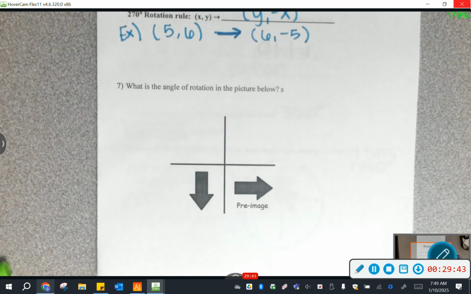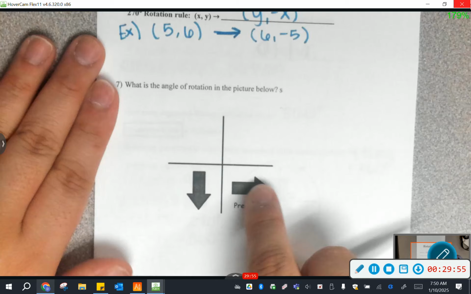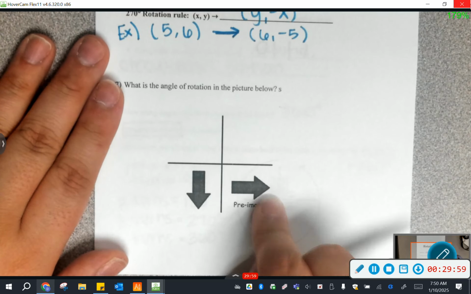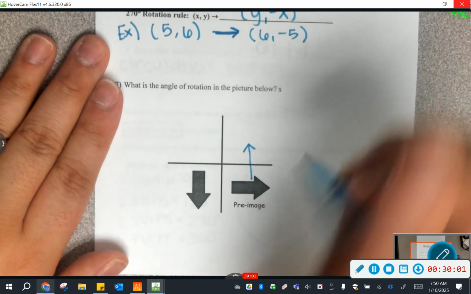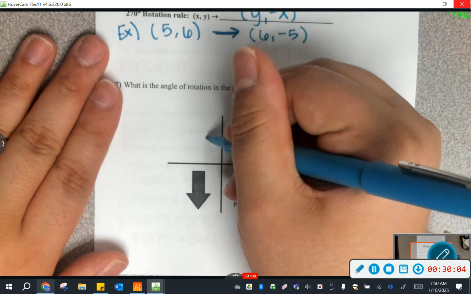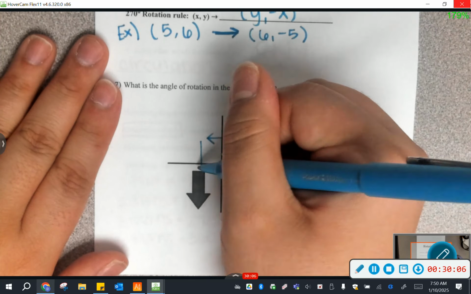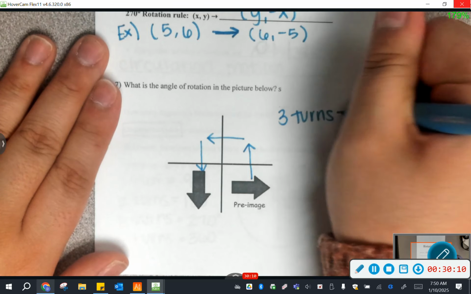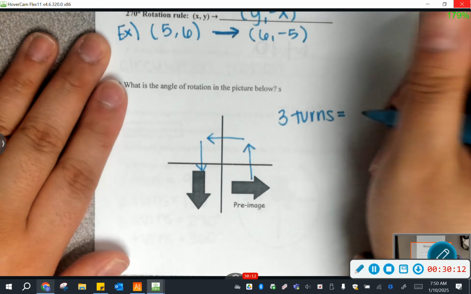All right. Last question on here. It tells you the pre-image and the image. How many turns did this take? Got the paper. I'm here and I ended up here. Let's do the turns. Physically write the arrows. This is 1. This is 2, and then this is 3 turns. 3 turns is how many degrees?